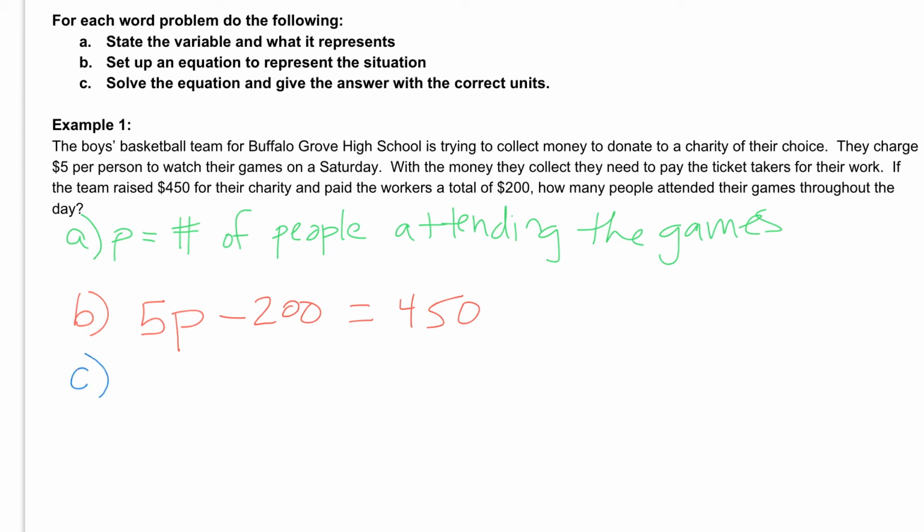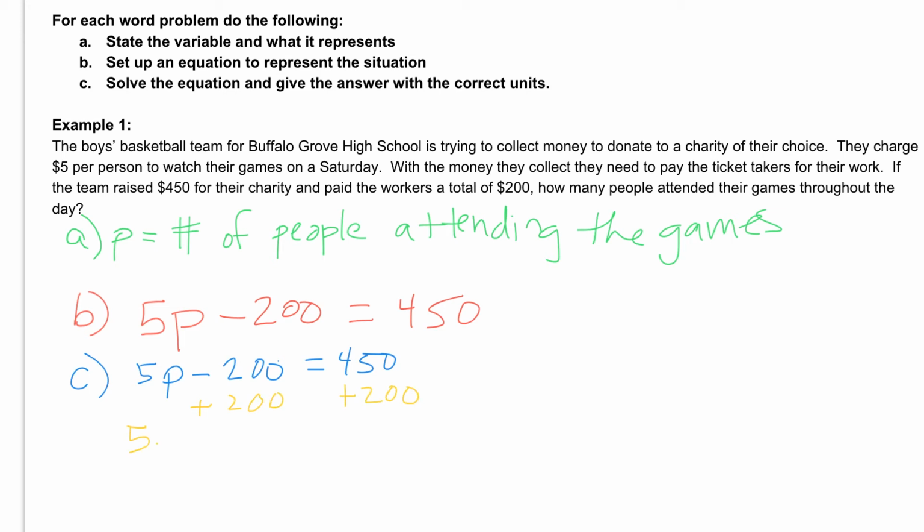In part C, we want to solve the equation. Remember, we're not going to touch what's in letter B. We want to keep that nice. So we will rewrite the equation in part C. 5P minus 200 equal to 450. And to solve this, we'll start first by adding 200 to both sides.